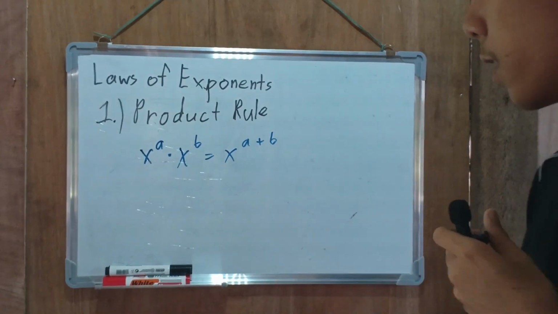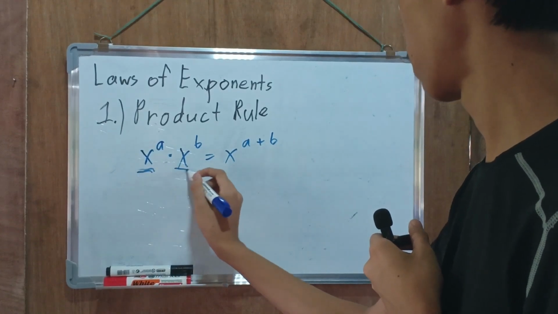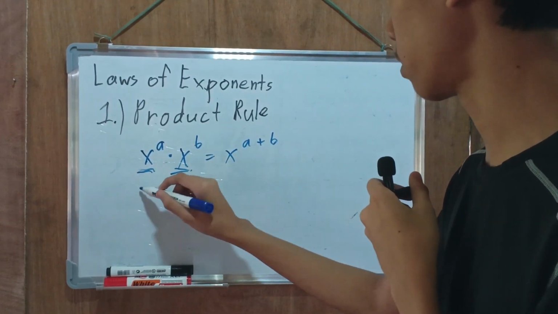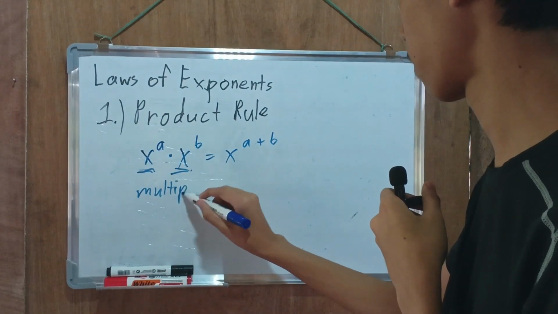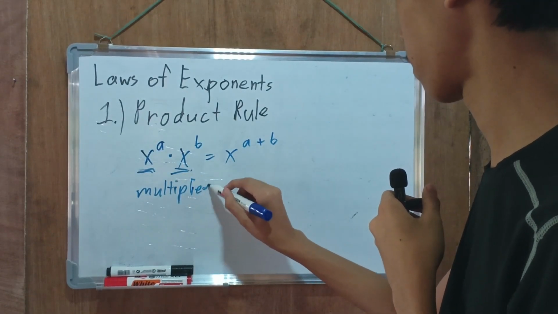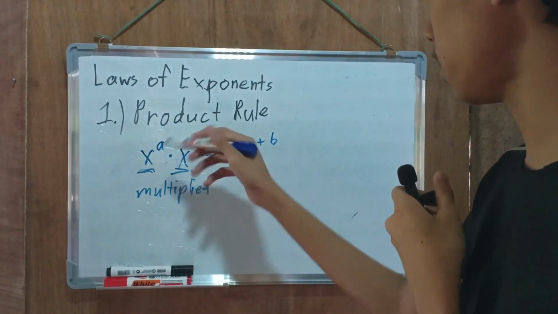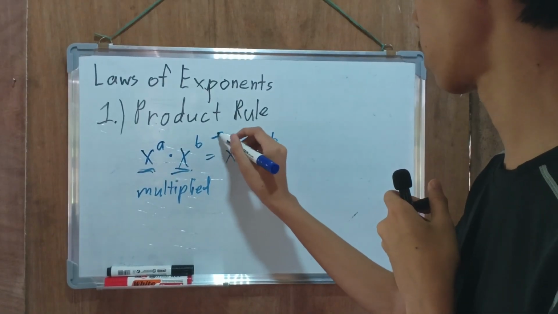What it means is that when these two are multiplied, the two exponents are now added. I'm just going to put that.